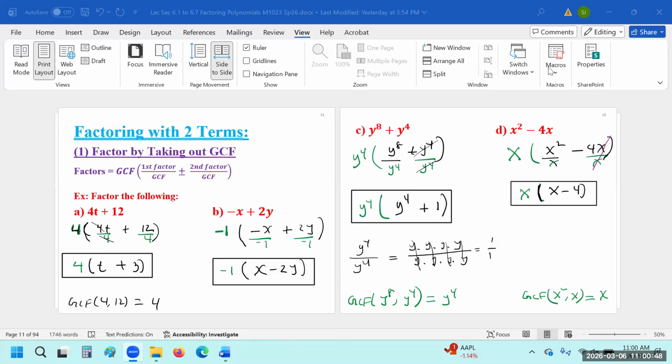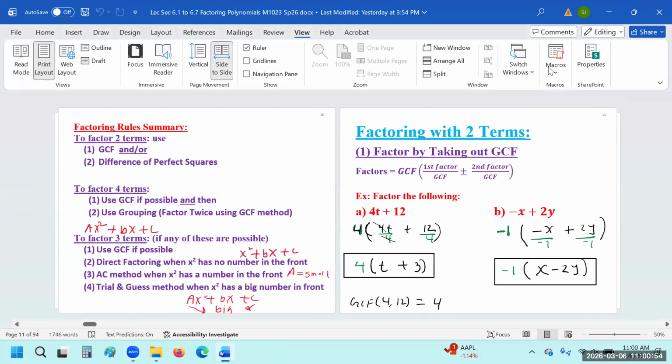In our last class yesterday, we started chapter 6, and I gave you this list with all the information on what we are going to learn in this chapter. We are going to factor 2 terms, 3 terms, and 4 terms. We finished with 2 terms.